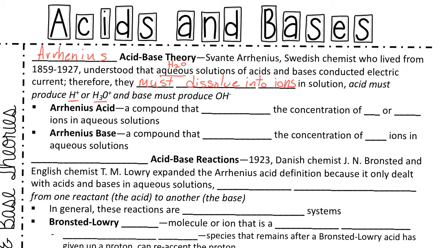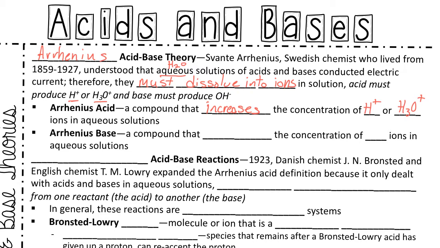So that was his definition. An acid, he said, was a compound that increases the concentration of the H plus or H3O plus. Really, this is just a water molecule that has an extra hydrogen attached to it. Notice they both have positive charges.